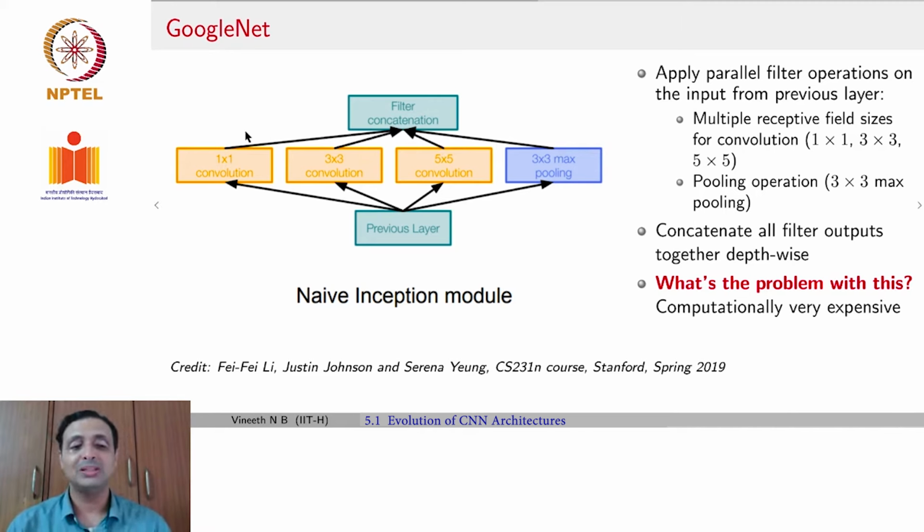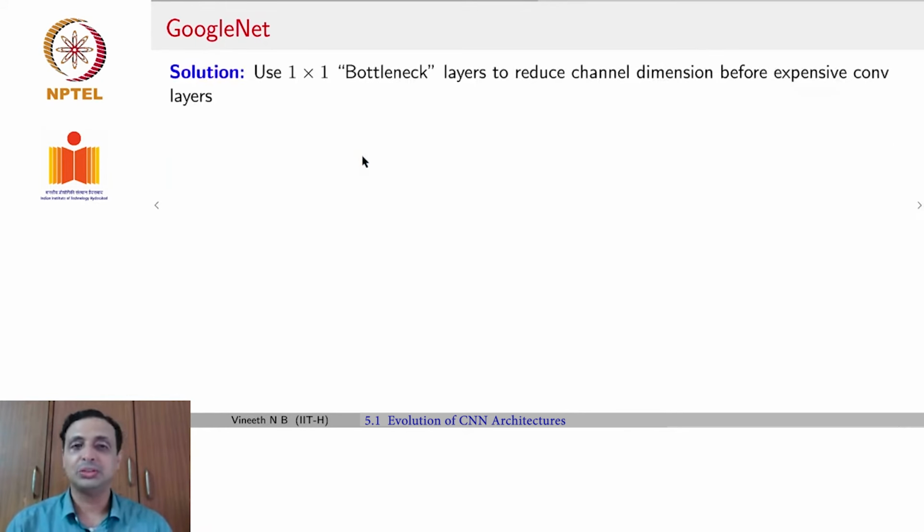And now when this Inception module does this across a 1x1 convolution, a 3x3 convolution, a 5x5 convolution simultaneously, and then concatenates, things become even more computationally expensive. So what did they do? They introduced something called a 1x1 bottleneck layer to reduce the channel dimension before expensive convolution layers.